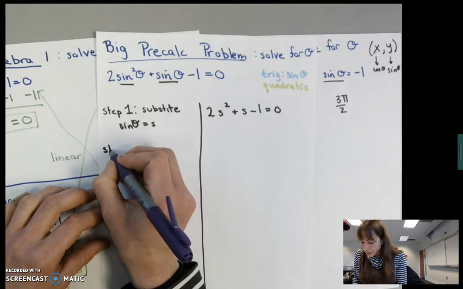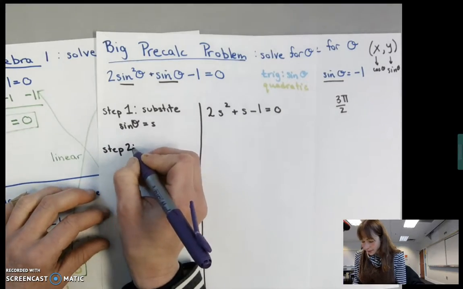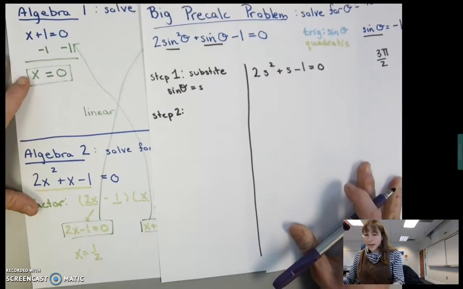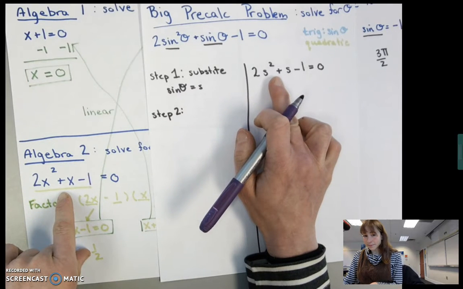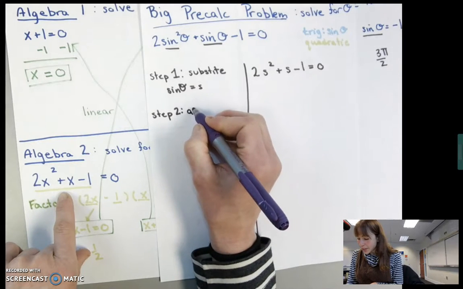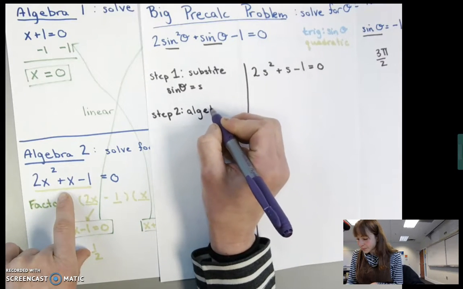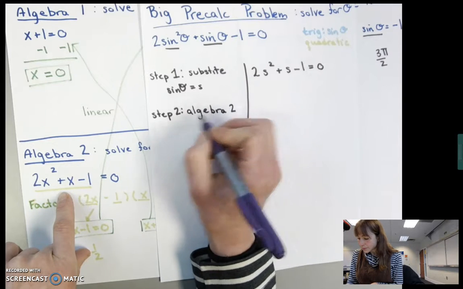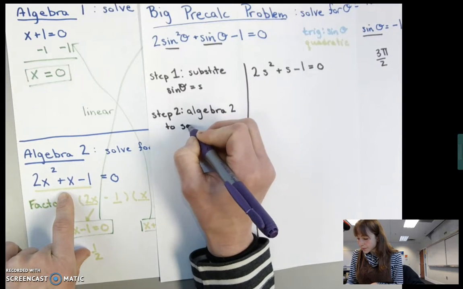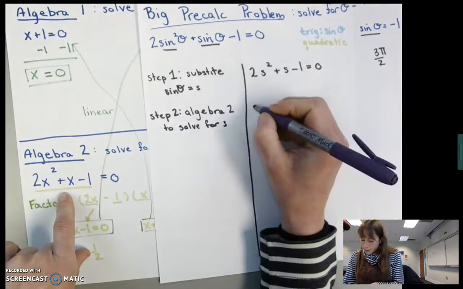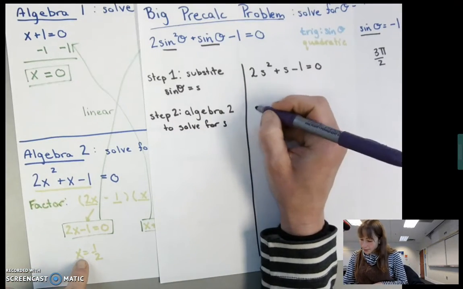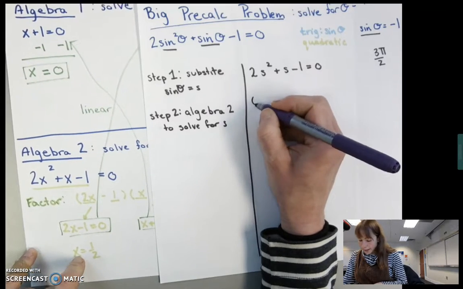My step 2, well, can you guess? Doesn't this equation look a lot like this one? My step 2 will be to use algebra 2. So I know that my two answers, well, I can even show this step.